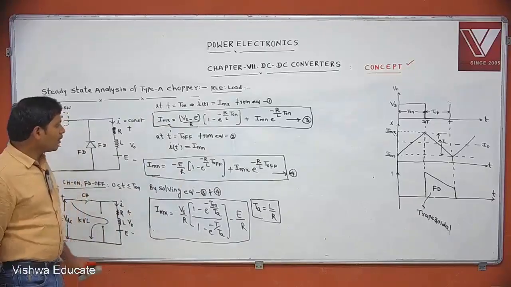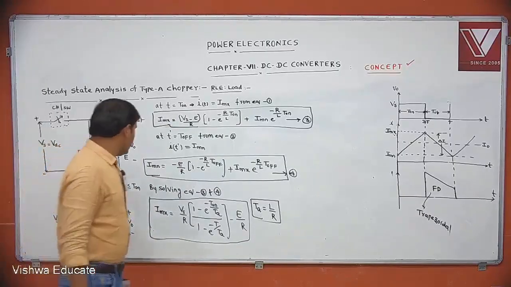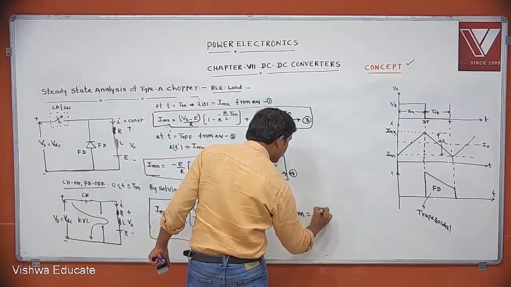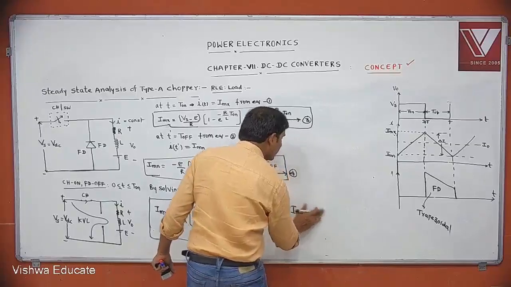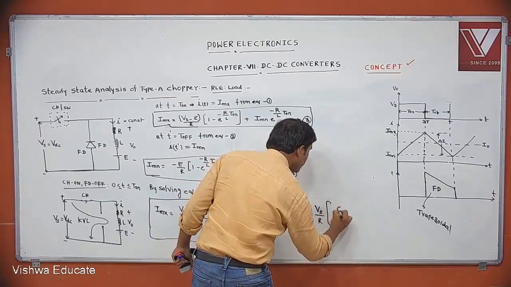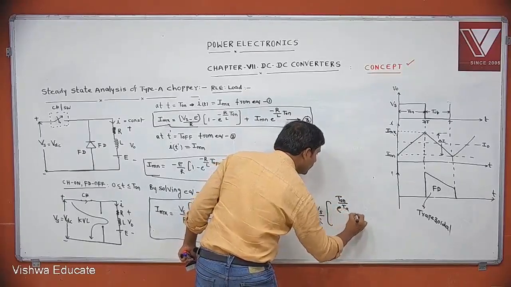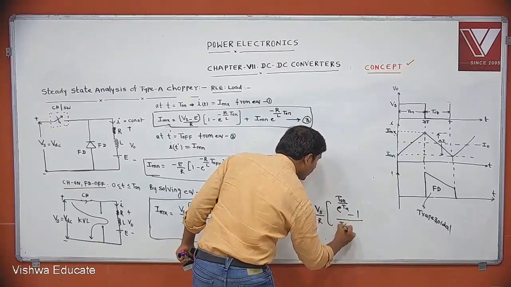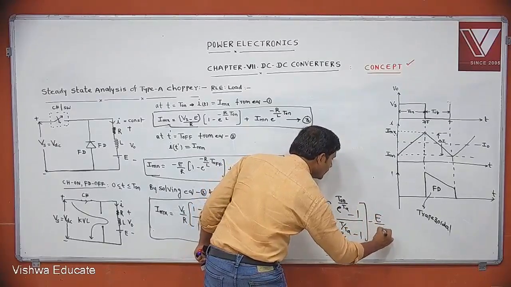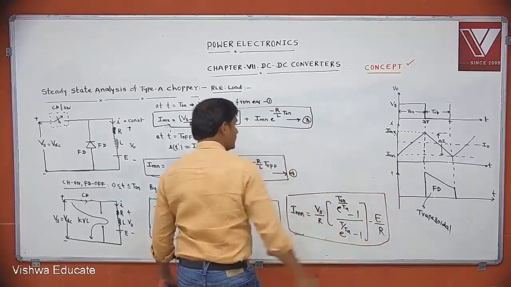By simplifying that and taking Ta equal to L by R, we can get this one. Then the value of I minima, by simplifying, equal to Vs by R into (e power T on by Ta minus 1) by (e power T by Ta minus 1) minus E by R. This is I minimum.